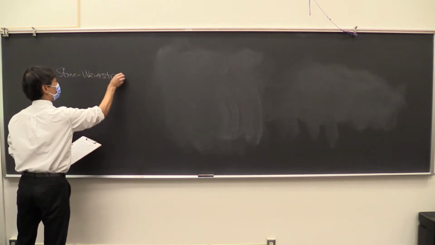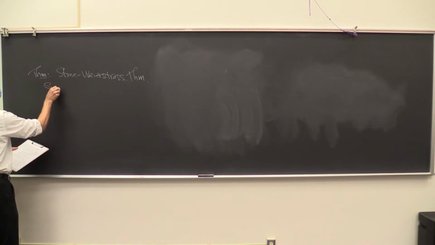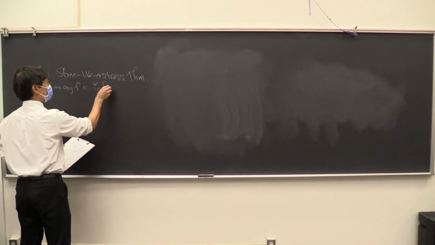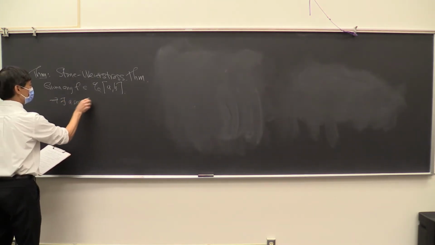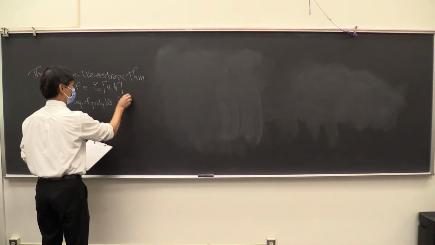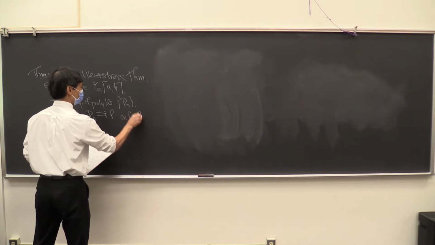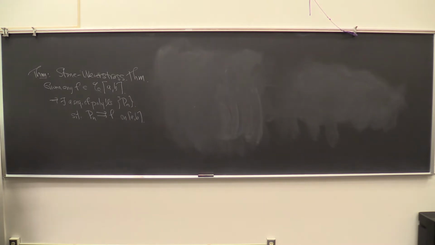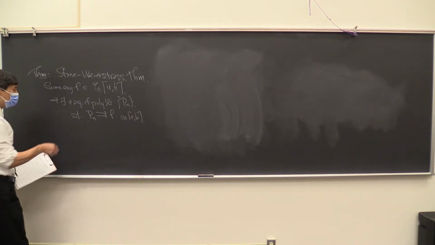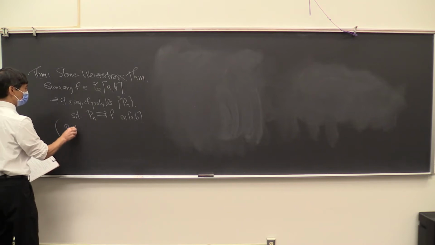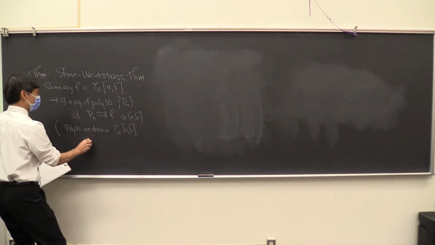What it says is the following: if you are given any function that's continuous on a closed and bounded interval, then there exists a sequence of polynomials, P sub n, such that P sub n converges to f uniformly on [a, b]. So if we translate it into the language of the sup norm metric, this is saying that polynomials are dense in the continuous functions with respect to the sup norm metric.